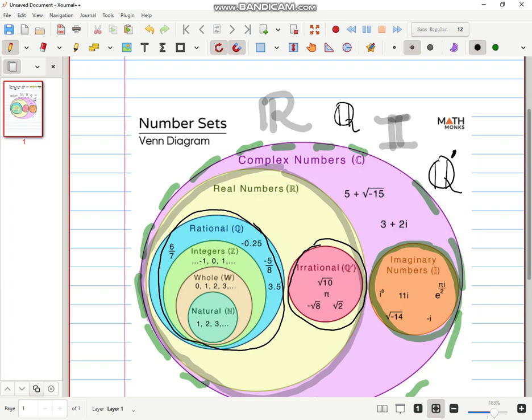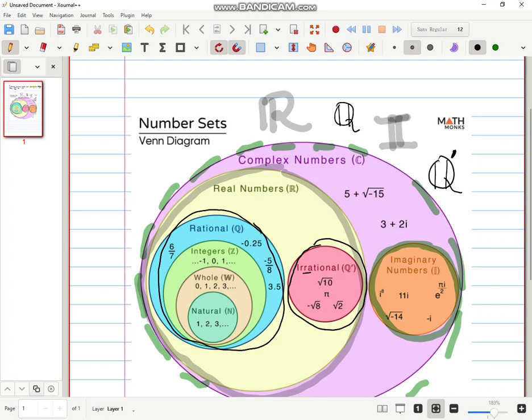So you need to remember this diagram when you're in grade 10, because most of the questions that you'll get on your question paper will somehow be based on this diagram. So let's go on. Basically we start in real numbers, whereby we have rational and irrational.